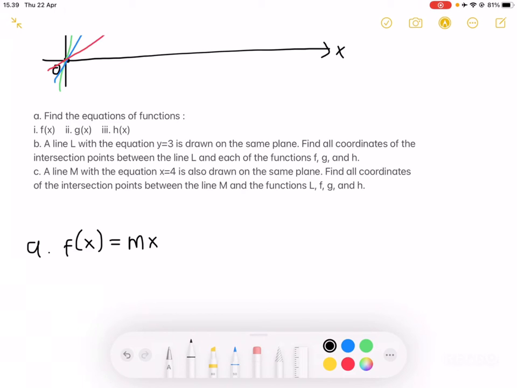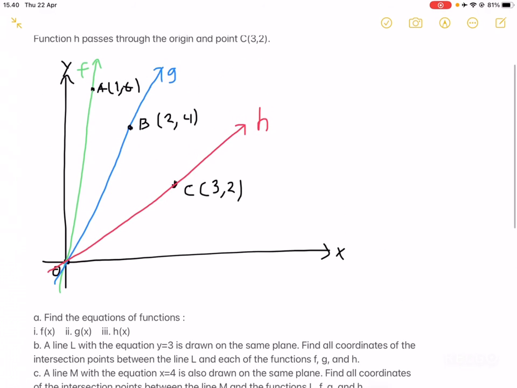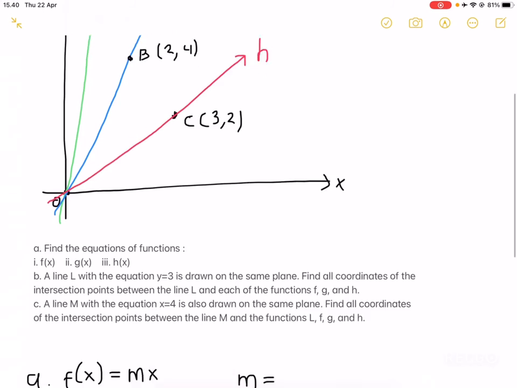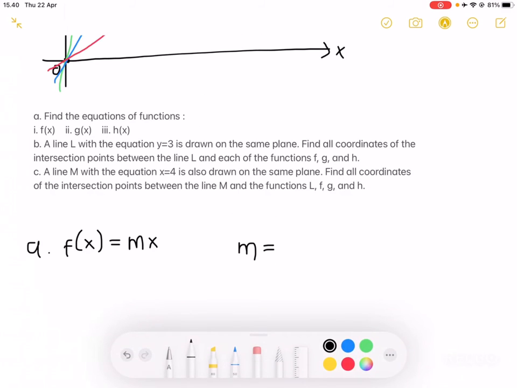So we need to find m right there. The gradient of the function f of x is not too hard to see, but it is equal to the displacement, the change in the y-coordinates, over the change in the x-coordinates, and that will be equal to 6. So this function f of x is defined as 6x.